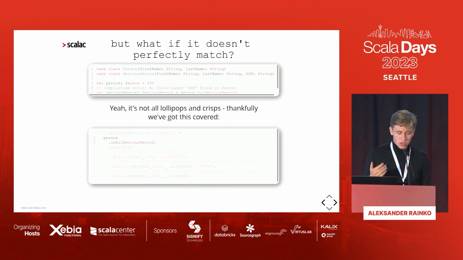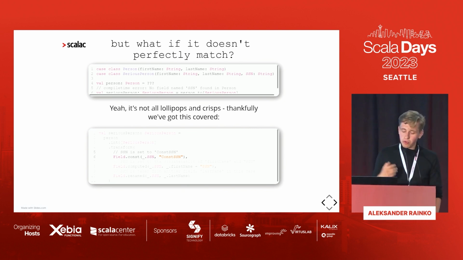So there's another thing called into, which is kind of a transformation builder, let's call it. It is just like to: you call it on the source type, then specify the destination type, and then you call the transform method. The transform method takes in a list, maybe let's call it a list, of configuration options.